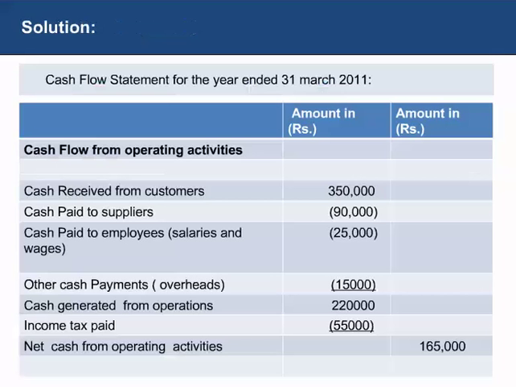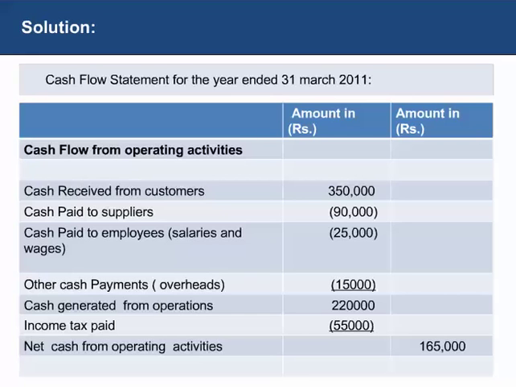So friends, after understanding the items given in the question, let's prepare the cash flow statement. So the cash flow statement for the year ended 31st March 2011 will look like this. Cash flow from operating activities will have the following items. Cash received from customers as given in the question, 3,50,000. Cash paid to suppliers is 90,000, since it's an outflow, it's a negative item.